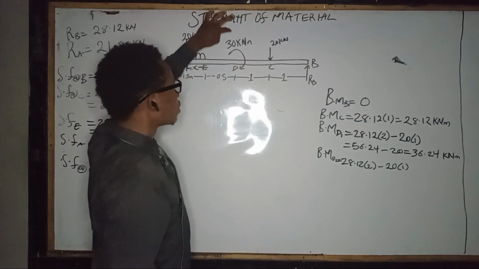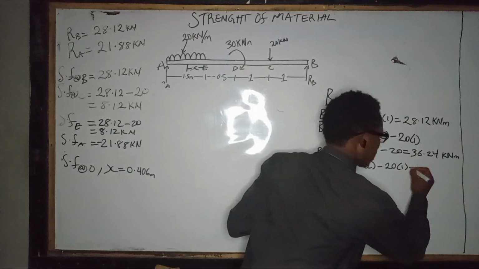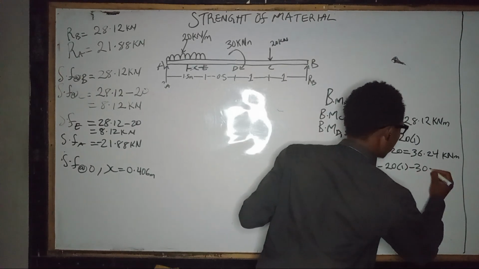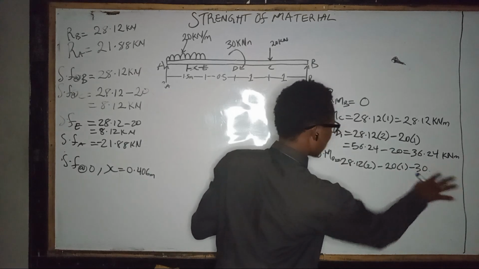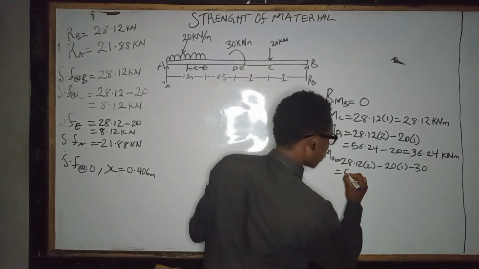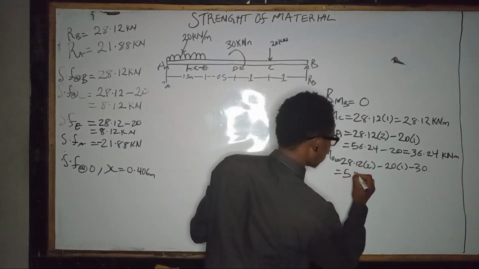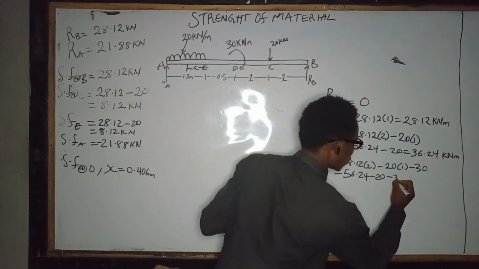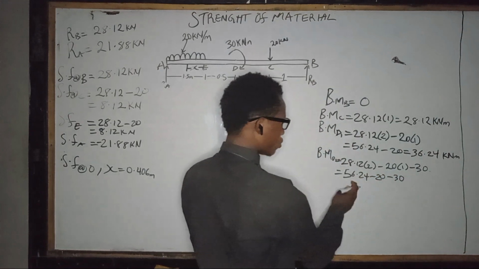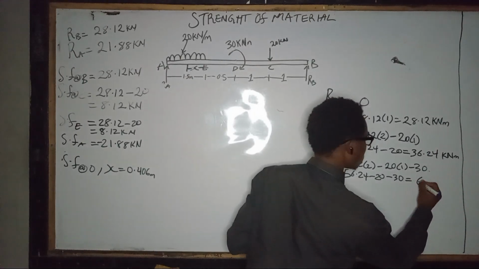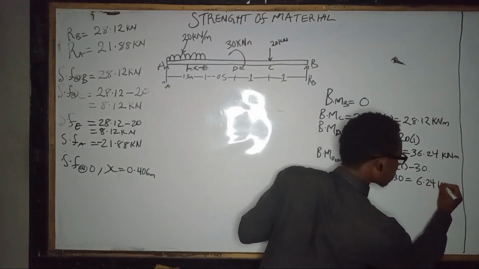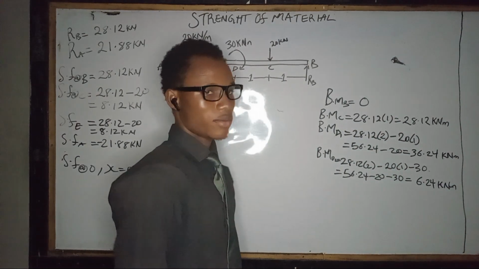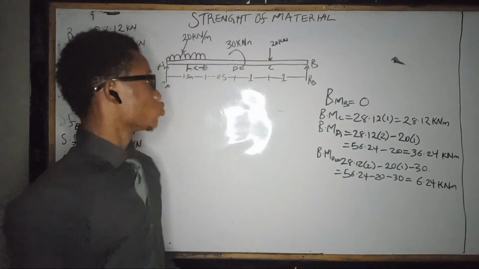Then we are also going to remove 30 from here, so minus 30. So at the end of the day, we are going to have 56.24 minus 20 minus 30. So if we subtract, it's going to give us 6.24 kilonewton meter. That will be our bending moment at D2.